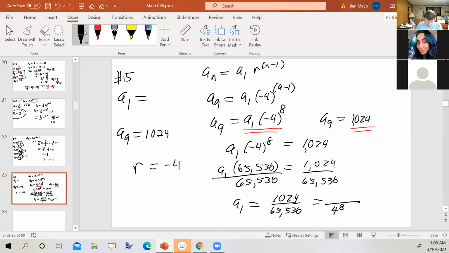Well, what about 1024? 1024 is 4 times 256, which is 4 times 64, which is 4 times 4 times 4 times 16, 4 times 4 times 4 times 4 times 4. Oh, it's 4 to the 5th power. Again, this may seem like a lot of work, but now I could reduce that down to what? 1 over 4 cubed, which is 1 over 64.